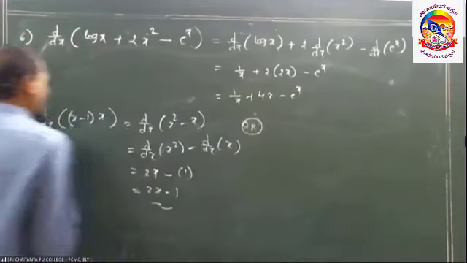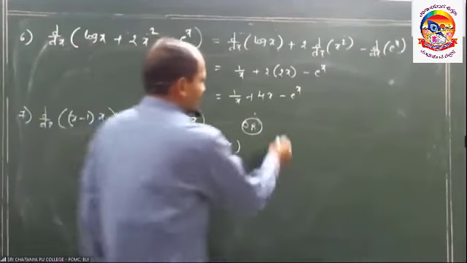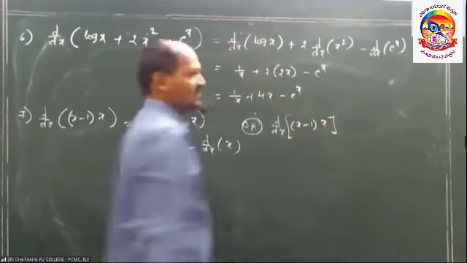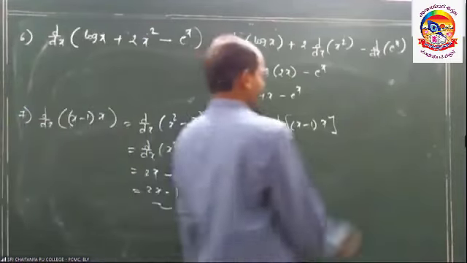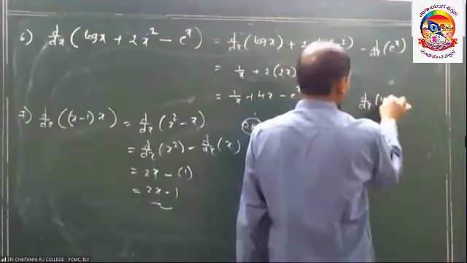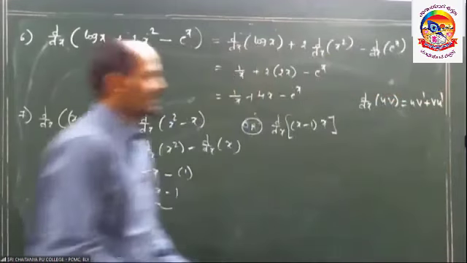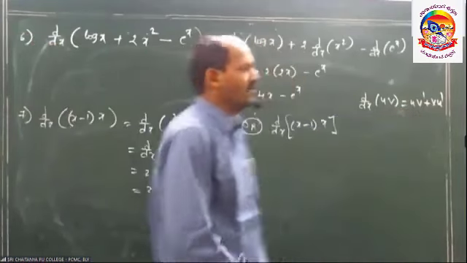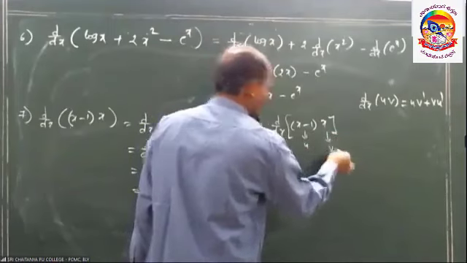Or by applying the product rule. What is the product rule? For the product uv, the derivative of uv is u v dash plus v u dash. The first term is u and the second term is v.